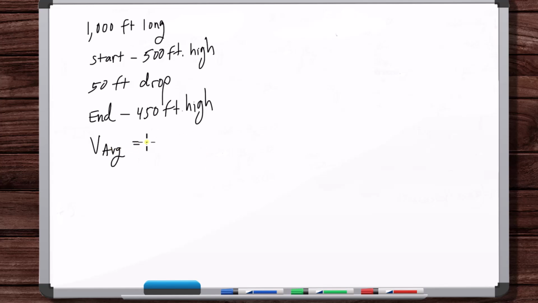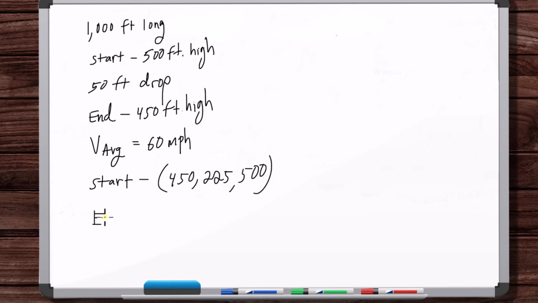Okay, average velocity of 60 miles per hour. Okay, and the starting coordinates are 450, 225, 500. This is in feet. And the ending coordinates are minus 415, minus 275, 450.